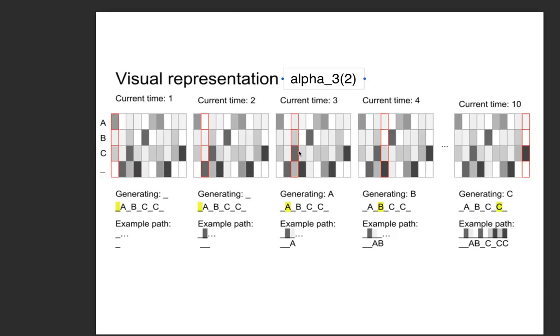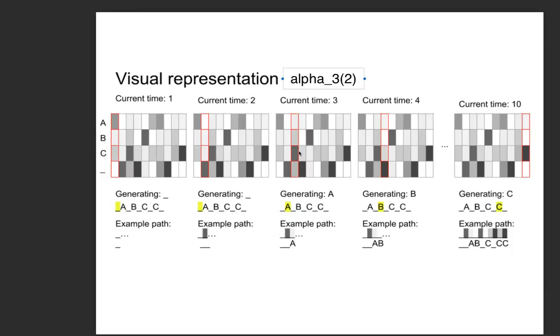Underscore AA. Let's see. So we only have to end on state A. Actually, we could have been doing AAA, because we may have started in state 2 and stayed there. We're going to show you where we start soon, the base cases.